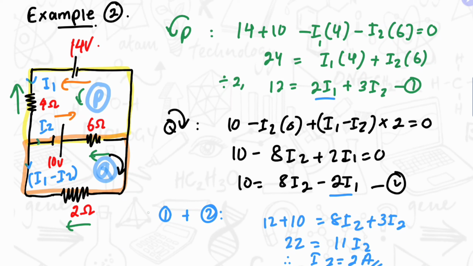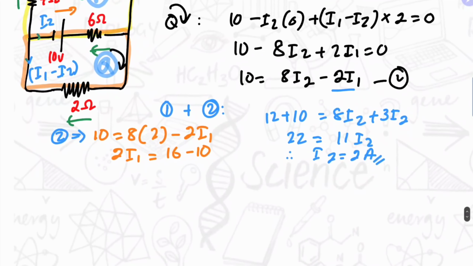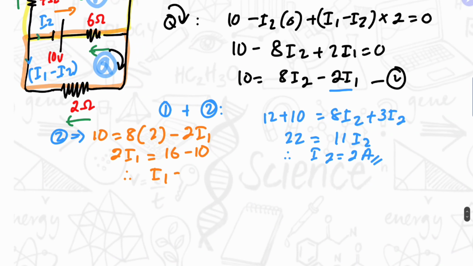Using the second equation, 10 is equal to 8 times 2 minus 2I1. Then we get 2I1 is equal to 16 minus 10. Therefore, I1 is equal to 6 divided by 2, that is 3 amperes.